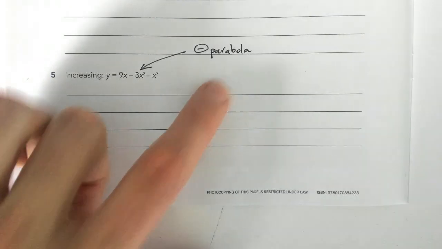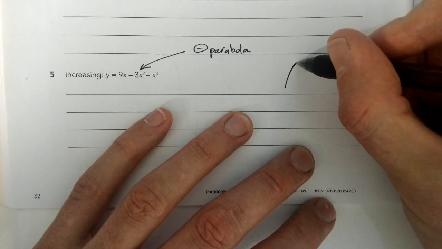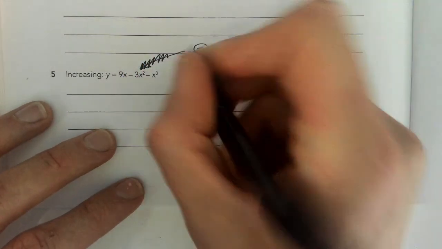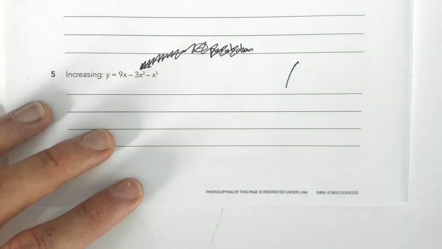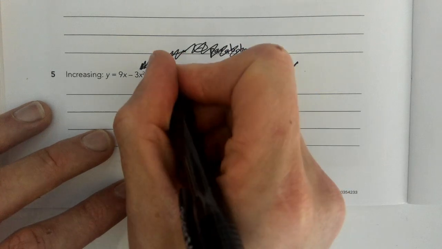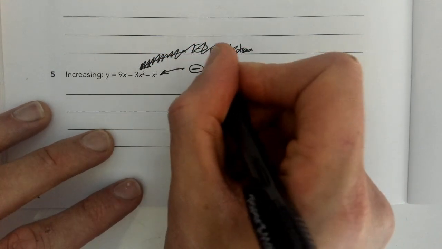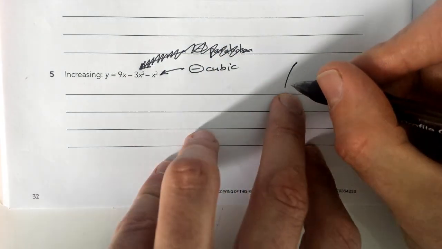So what we know is it's going to be a sad... Oh, who made a mistake? I did. Whoopsies. Look at that crossing out. Beautiful. Actually, this is our highest power to the power of 3. So this is actually a negative cubic.